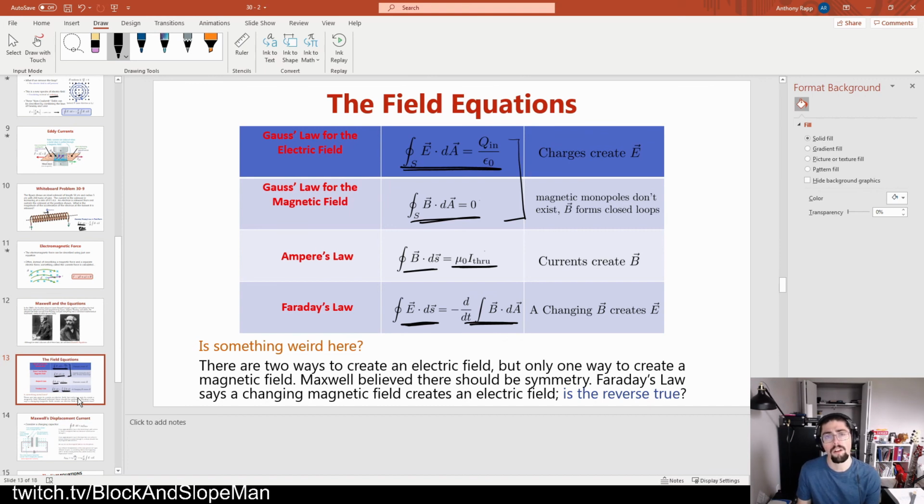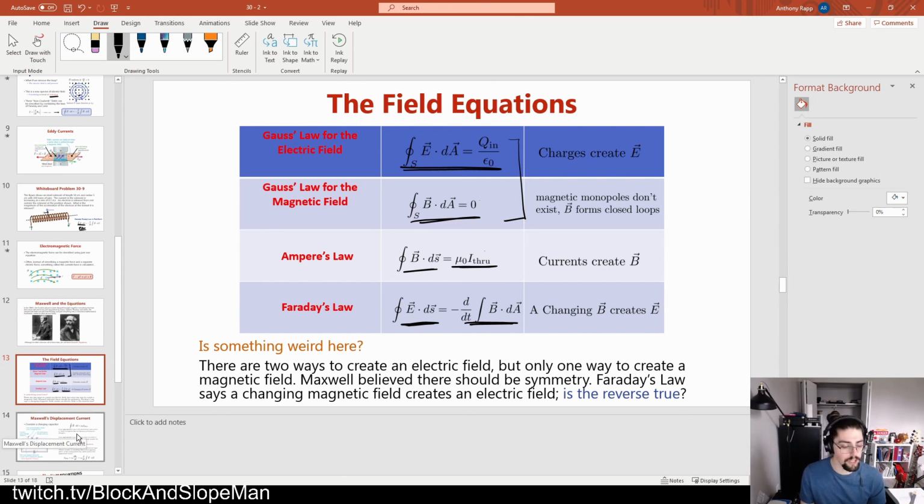I don't know, right? Because Ampere's law doesn't actually tell me that. Ampere's law just says a moving charge will create a magnetic field, but it doesn't necessarily imply that it's the electric field doing that. But at this time, there was actually another issue.